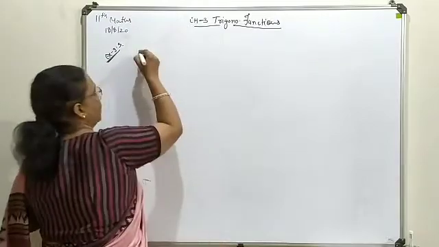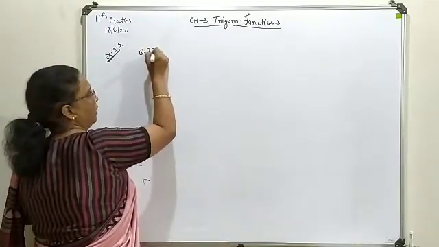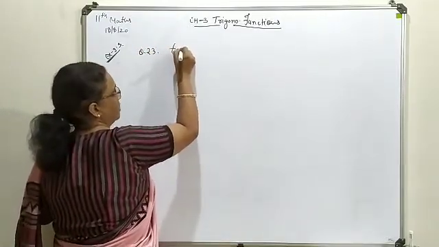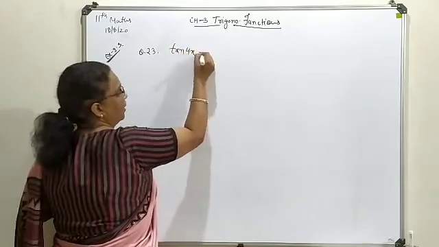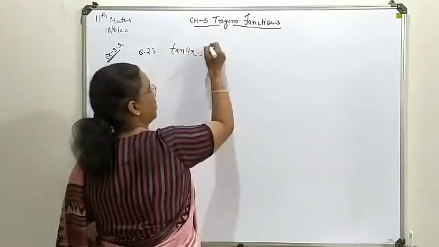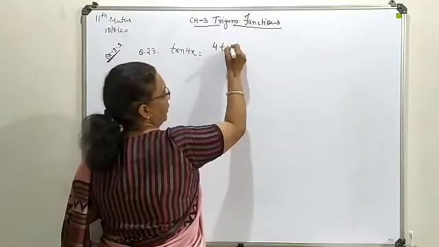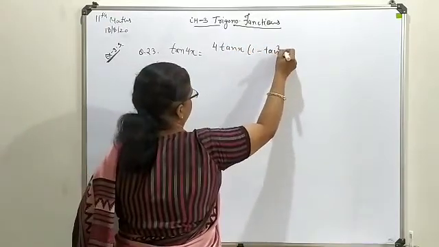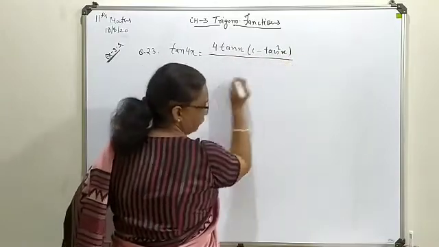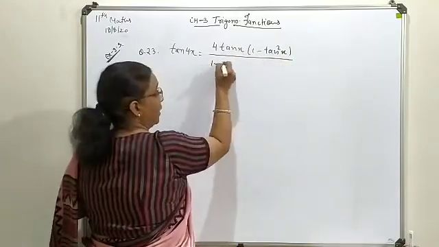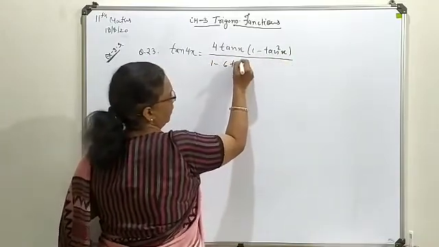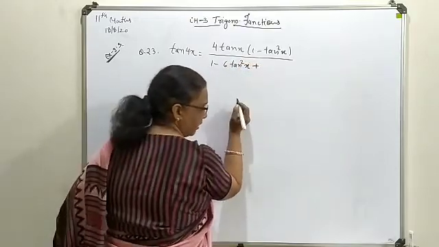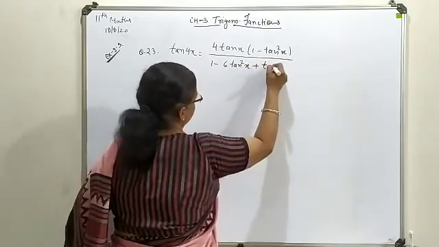Now this is question number 23, available as tan 4x. This is to be proved as 4 tan x into 1 minus tan square x, whole over 1 minus 6 tan square x plus tan 4x.